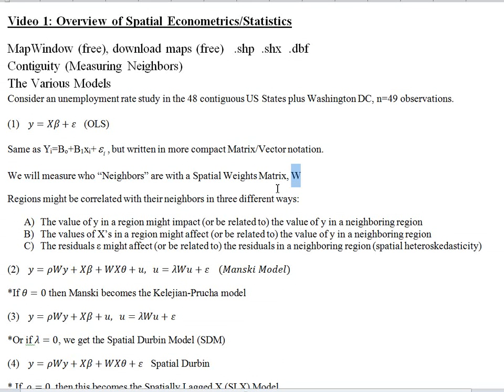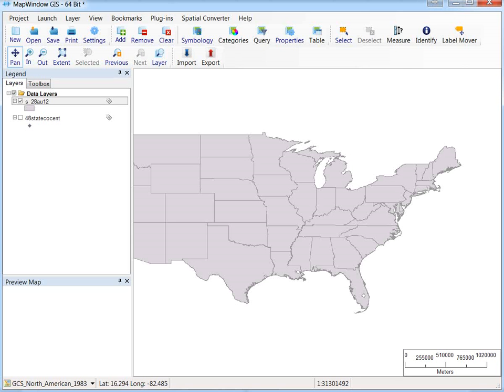And there are a lot of ways to measure neighbors. We'll get into the details later on. Let's just assume now we're talking about neighbors in a very common sense way. The neighbors of North Carolina are states that it touches. There are other ways to do this, but let's just suppose that's Virginia, Tennessee, Georgia, because they touch right here on this little edge over here, and South Carolina, it touches. So those are our neighbors.